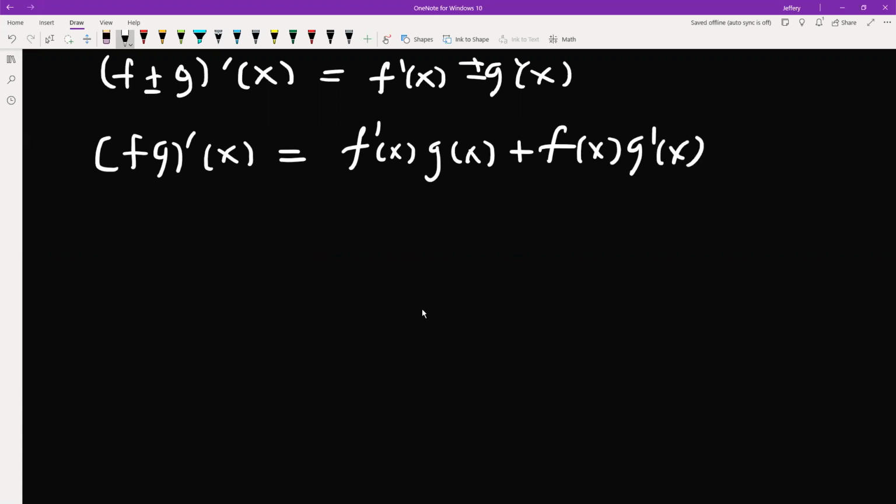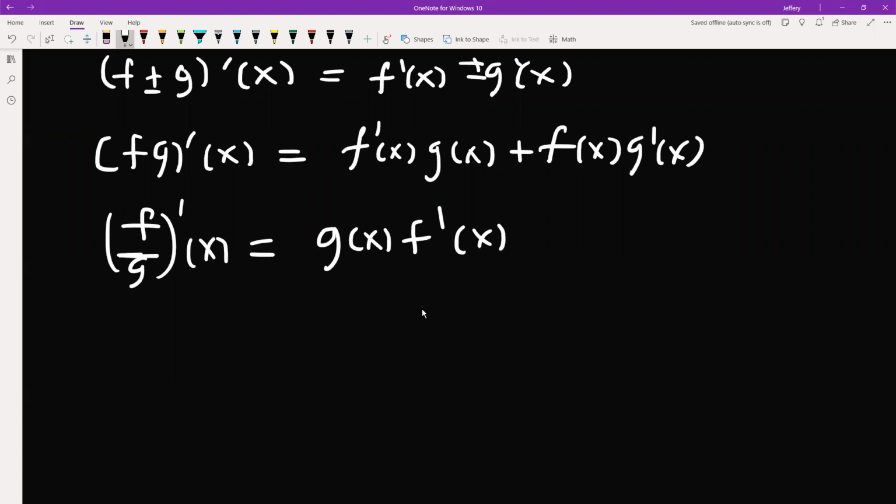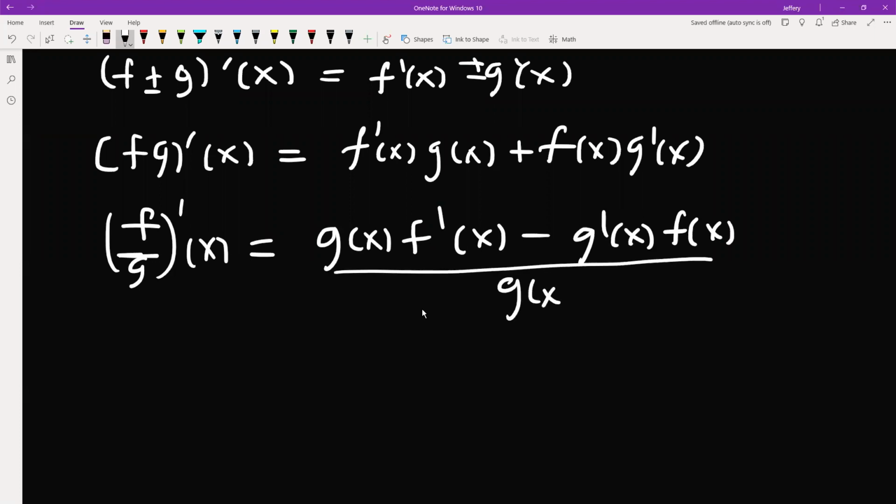Because it's addition, it doesn't matter the order. And then there's the quotient rule: g of x times f prime of x minus g prime of x times f of x, all over g of x squared.